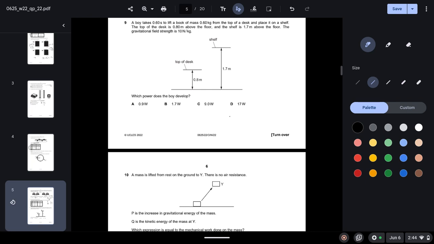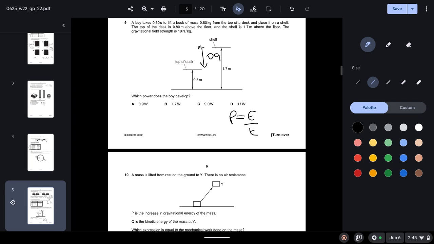So we know the formula for power is energy over time. First we'd have to calculate the energy that the boy exerts. So we know that this distance would become 0.9 meters. Energy you will get using mgh, which is gravitational potential energy.